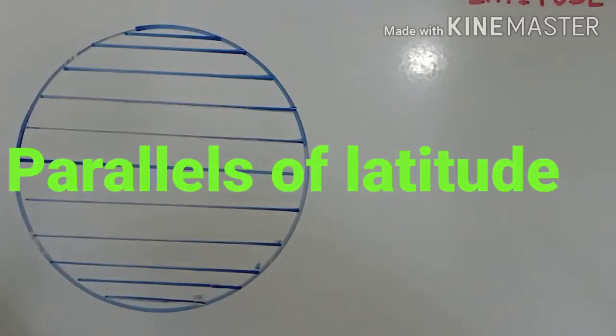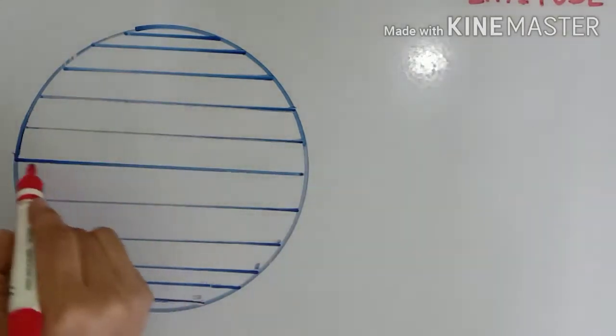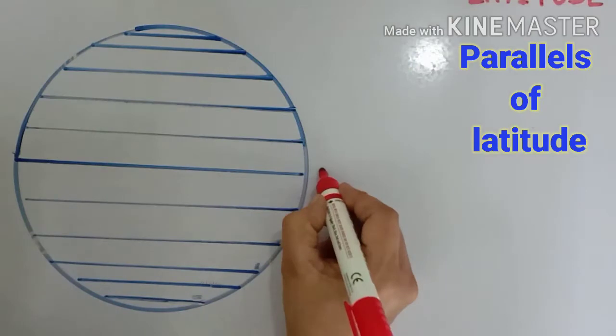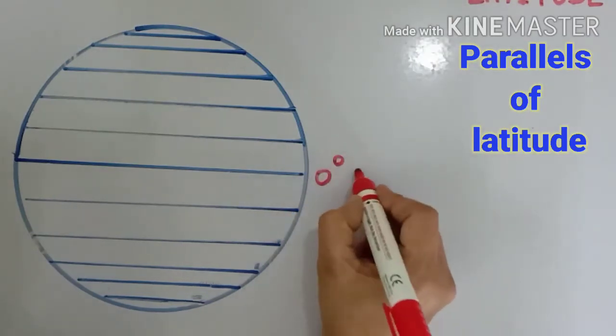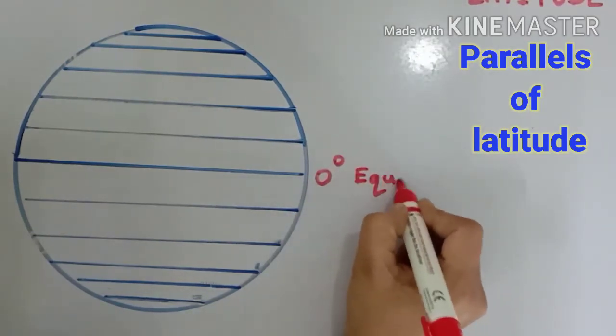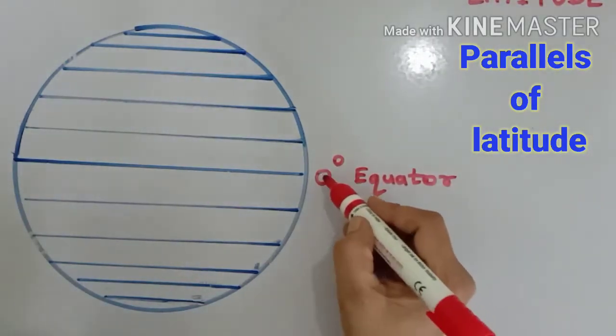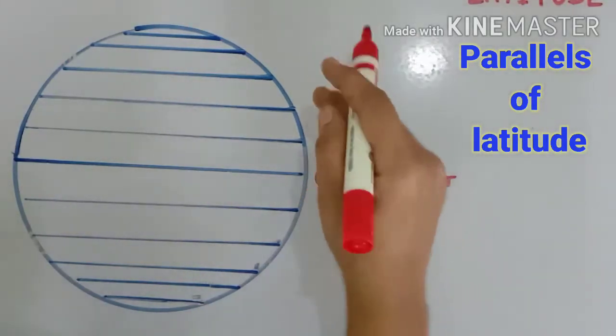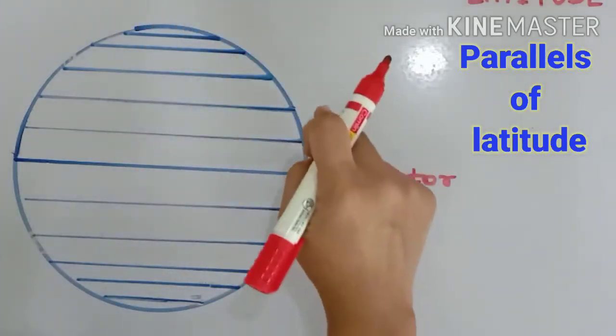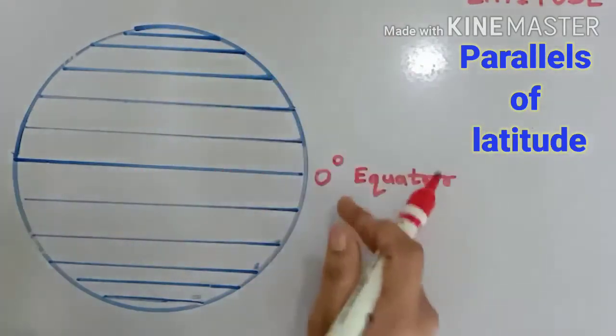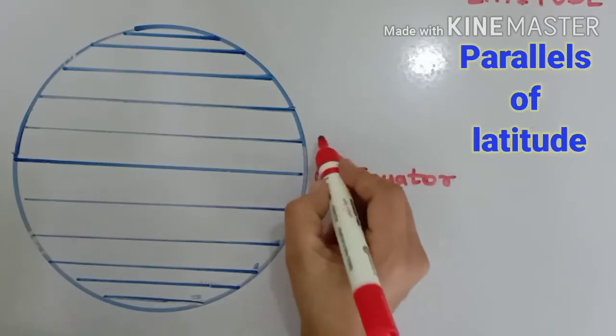Students, let's see today how to name parallels of latitude. Here this parallel is 0 degree parallel, which is equator. Now above the equator, these all parallels fall in Northern Hemisphere. Let's name them.